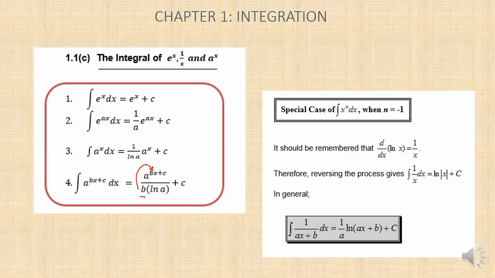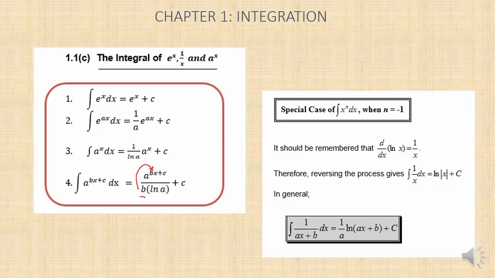Okay, for the special case of the integral of x power of n when n equals -1, it should be remembered that the differentiation of ln x equals 1 over x. Therefore, reversing the process gives the integral of 1 over x equals ln x plus c.